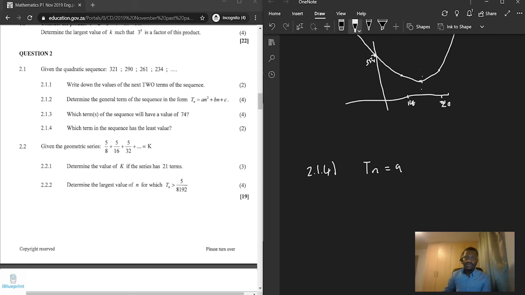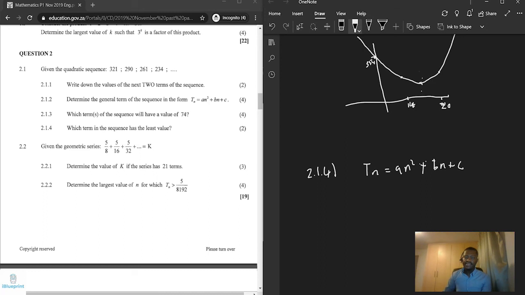We have Tn equal to an squared plus bn plus c. If you take the first derivative, that's 2an plus b, and where the first derivative is equal to naught, that's your turning point. Then you can just solve for n.